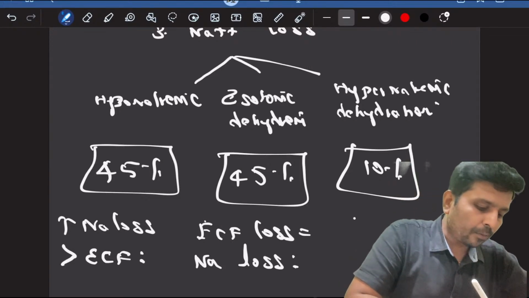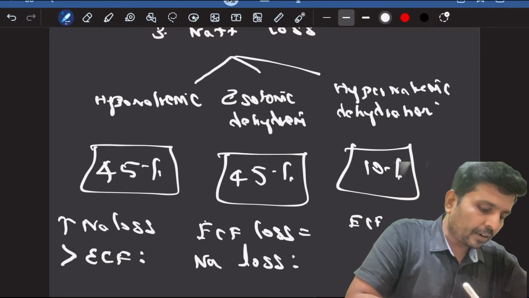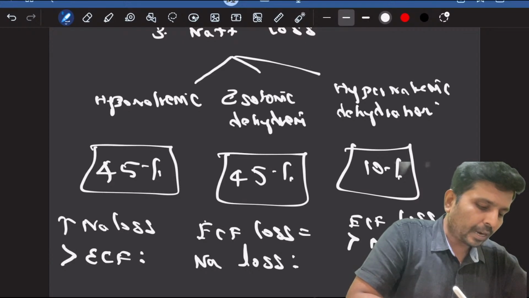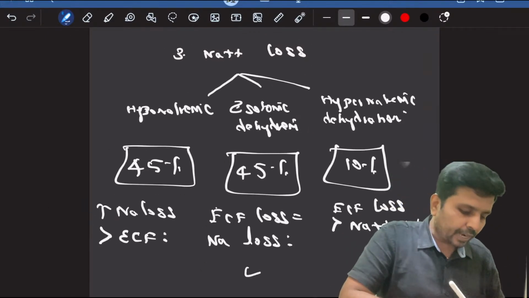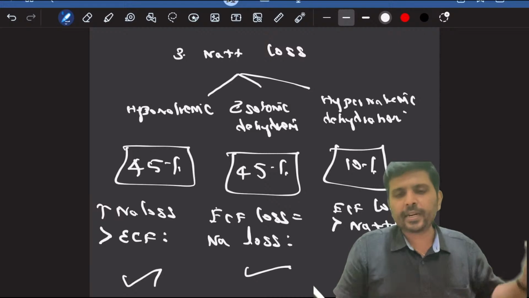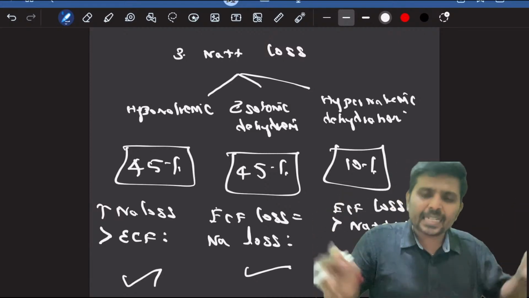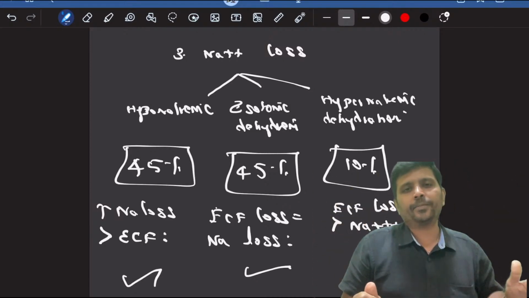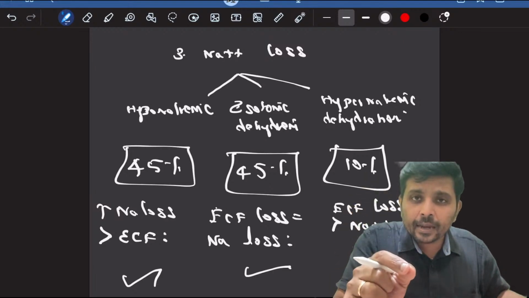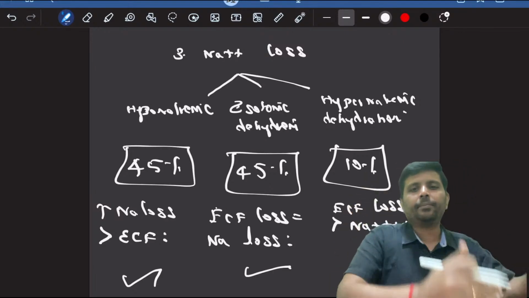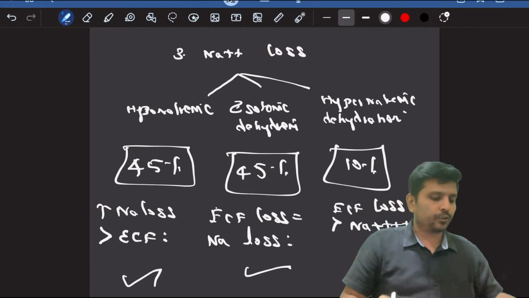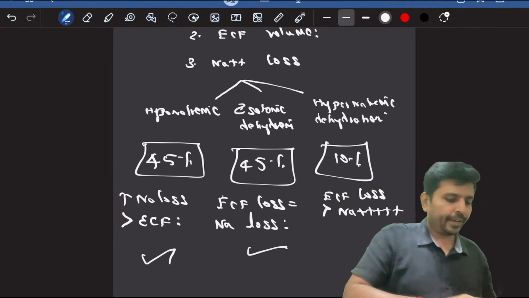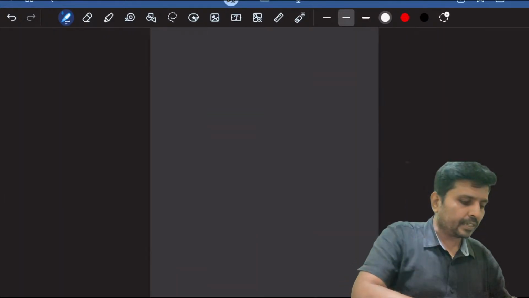And if you have more ECF loss compared to sodium loss, it is called hypernatremic. But the majority are isonatremic and hyponatremic dehydration. The signs and symptoms explained in that book mainly hold good for hyponatremic and isonatremic, not for hypernatremic. Let me tell you why it is so. So this is how you lose your ECF volume.